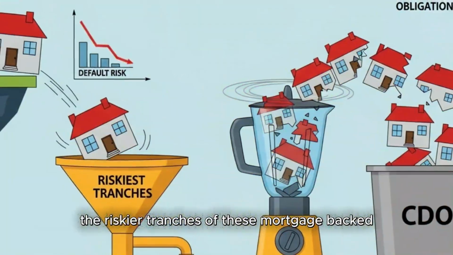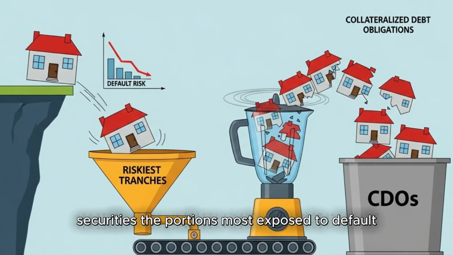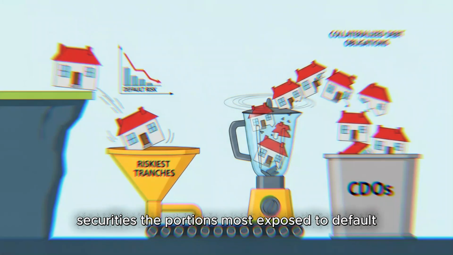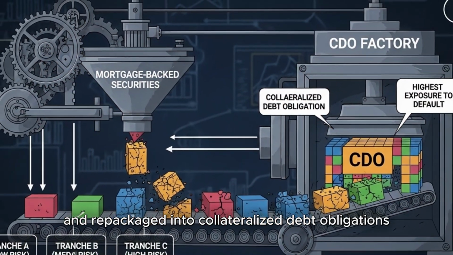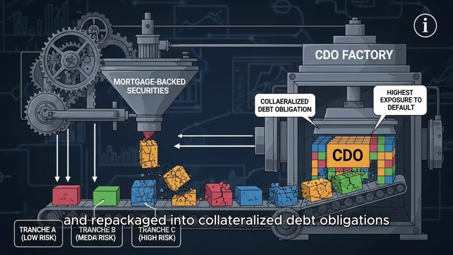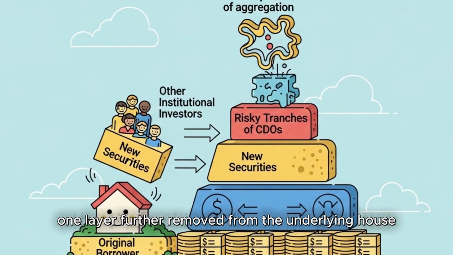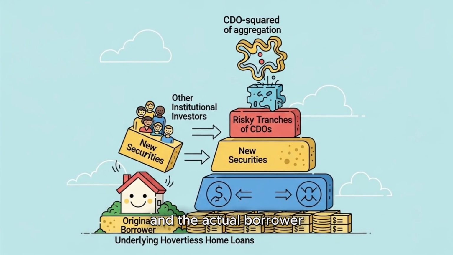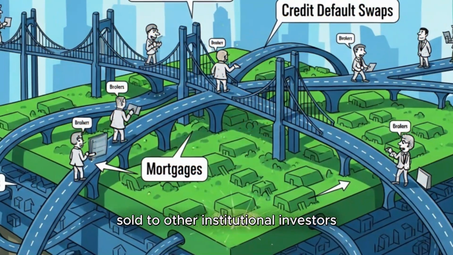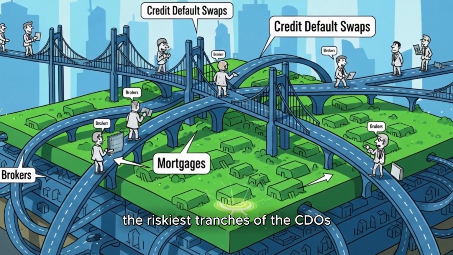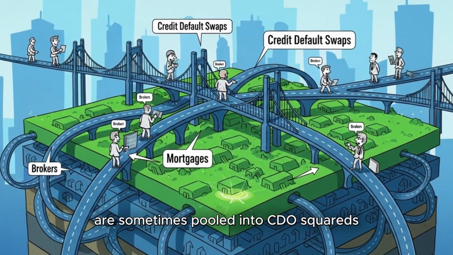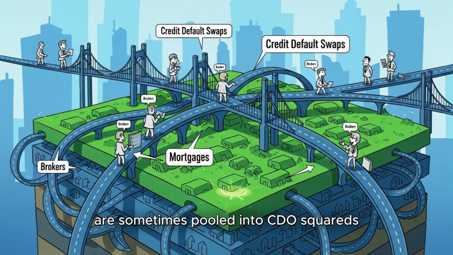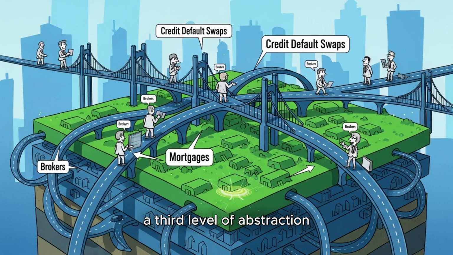The riskier tranches of these mortgage-backed securities, the portions most exposed to default, are pooled together and repackaged into collateralized debt obligations. CDOs, new securities, one layer further removed from the underlying house and the actual borrower, sold to other institutional investors. The riskiest tranches of the CDOs are sometimes pooled into CDO squareds, a third level of abstraction.